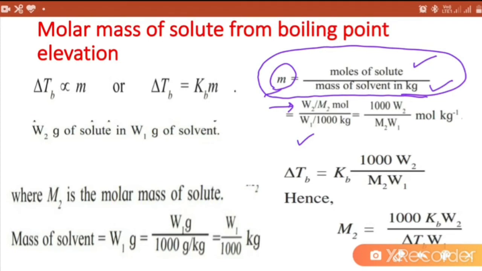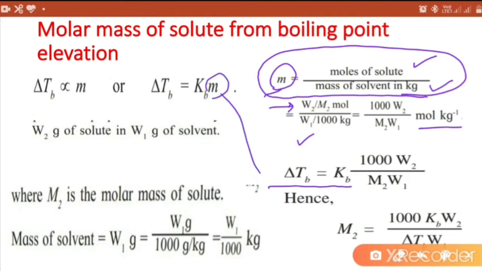So it becomes 1000 W2 divided by M2 into W1 mole per kg, and delta TB is equal to Kb into small m.